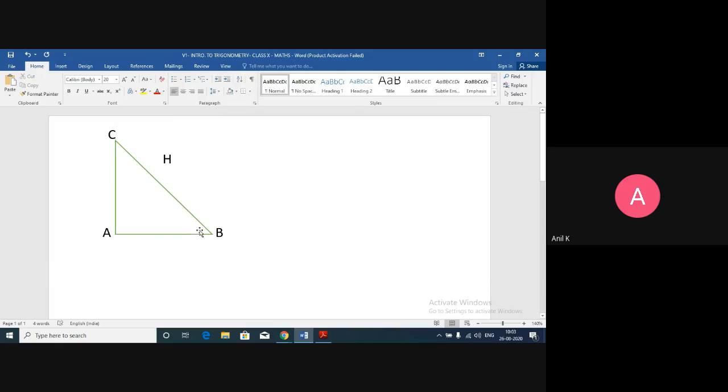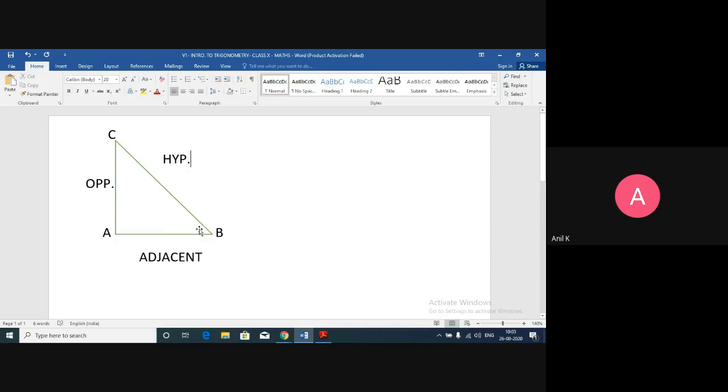If I want to talk with respect to B, then this side we call the adjacent side, and this side AC we call the opposite side, and this one we call the hypotenuse.